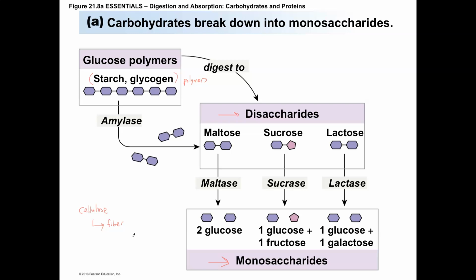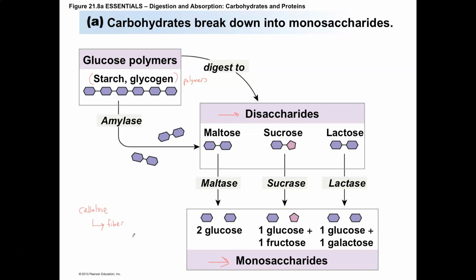So if we're able to digest starch, glycogen, maltose, sucrose, and lactose, that means that we actually have enzymes to perform that digestion. And so we refer to that as chemical digestion. So we begin carbohydrate digestion in the oral cavity.